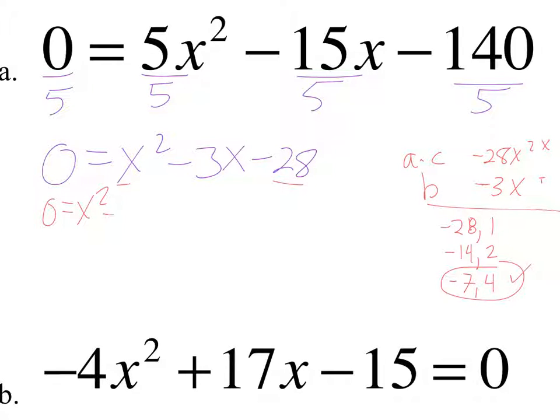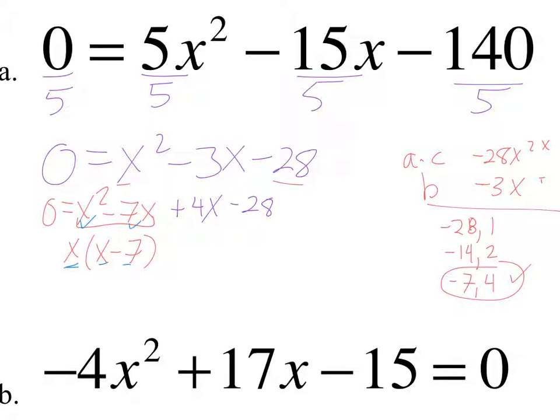So we've got 0 is equal to x squared minus 7x plus 4x minus 28. All right, first pair. They just have an x in common, and I've got x minus 7 as my leftovers. To double check, x times x is x squared. x times negative 7 is negative 7x. Cool.